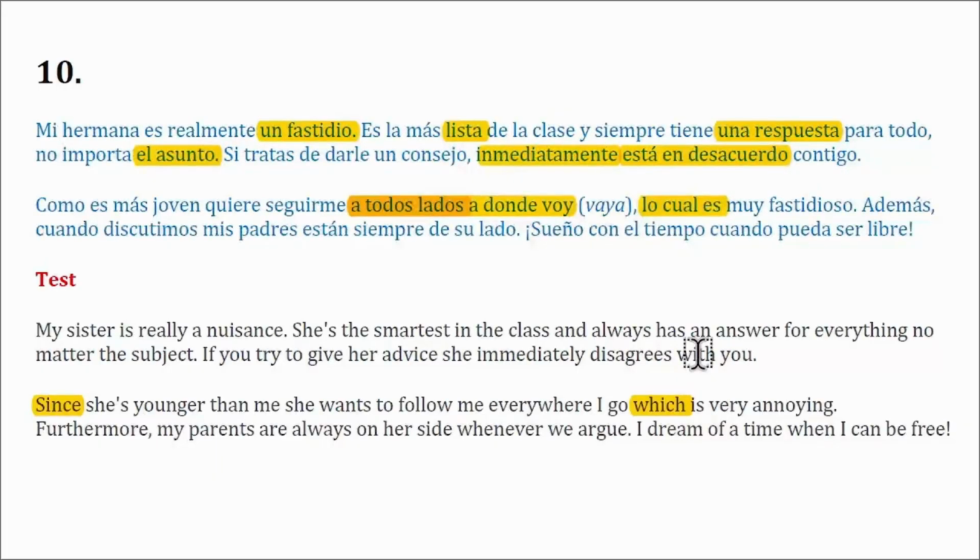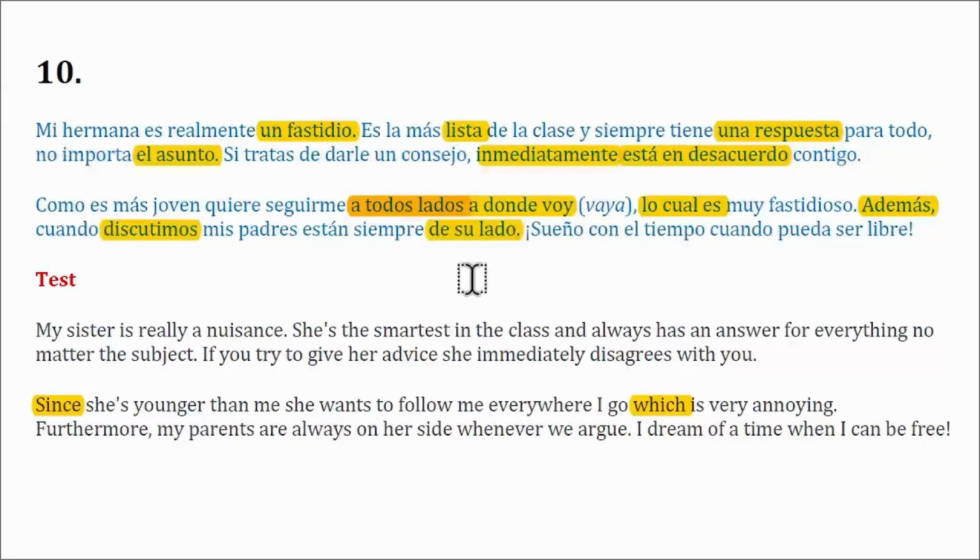Además, cuando discutimos, mis padres están siempre de su lado. So, furthermore, or in addition to that, además, when we argue, cuando discutimos, so discutir is the verb to argue. And so we have discutimos for we argue. Mis padres están siempre de su lado.